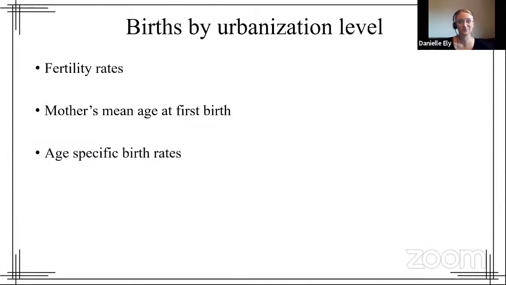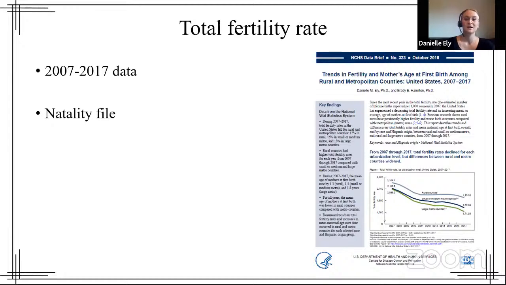So to start looking at births by urbanization level, at the fertility rates and age-specific birth rates, as well as mother's mean age at first birth. The first project and the first section of results was looking at trends in fertility and mother's mean age at first birth among rural and metropolitan counties in the United States from 2007 to 2017.